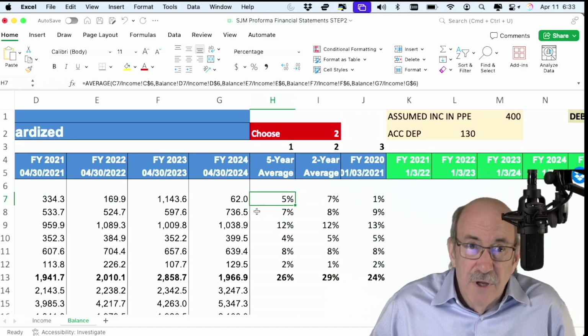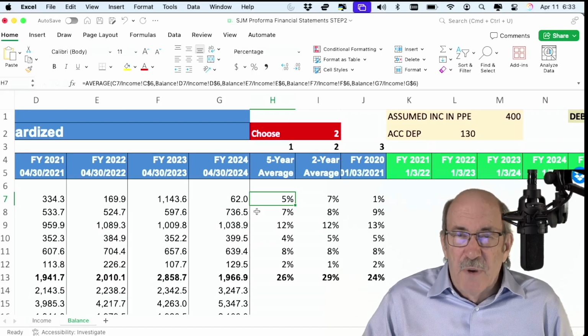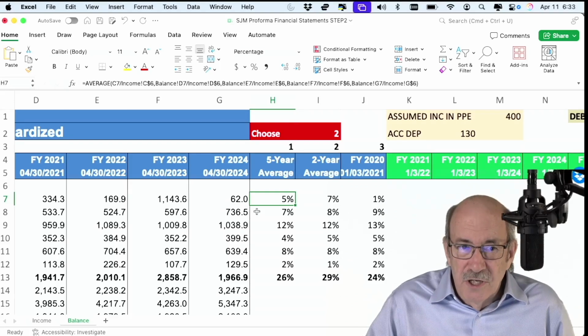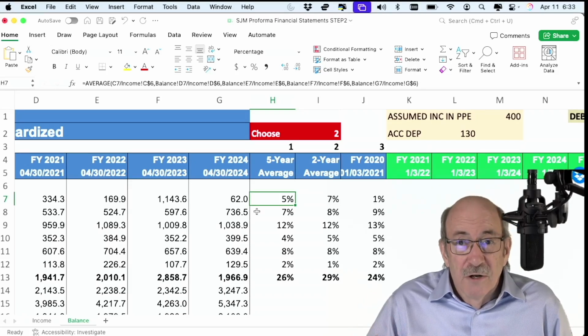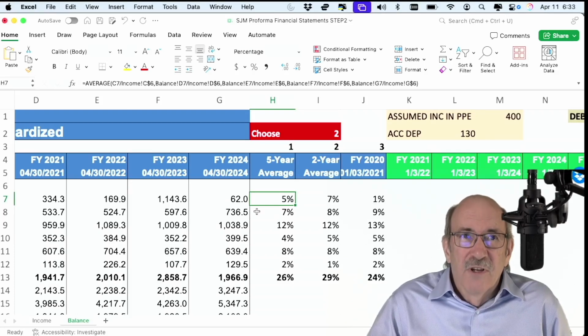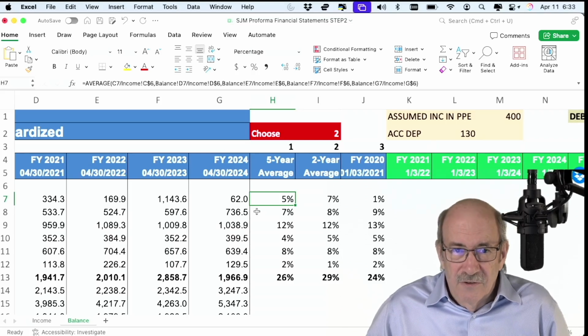And now, another thing that I want you to be super careful with is that a standardized balance sheet is each of the balance sheet accounts as a percent of total assets. And remember, that's not what we're doing here. We're doing a percent of sales pro forma financial statements. So we need the balance sheet accounts as a percent of revenue, not of assets.